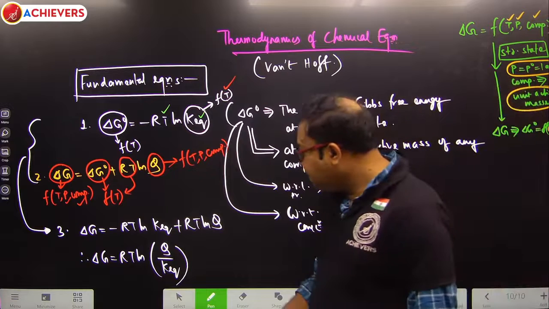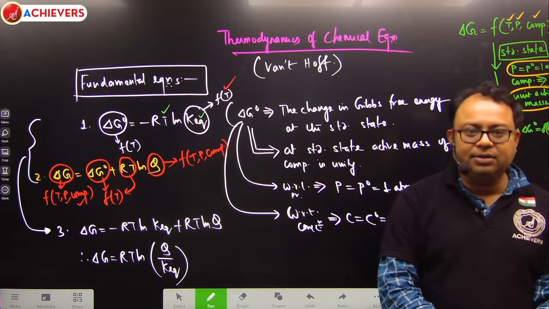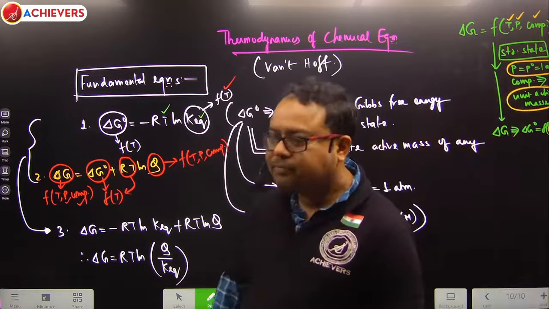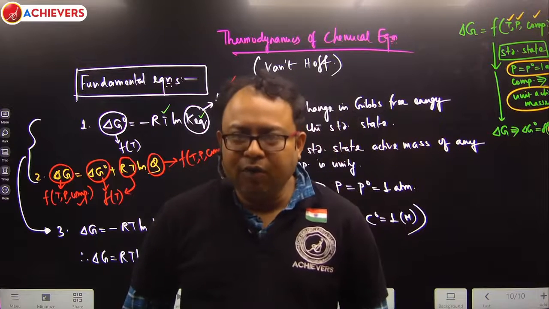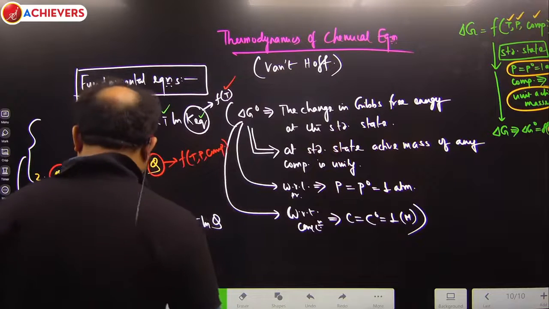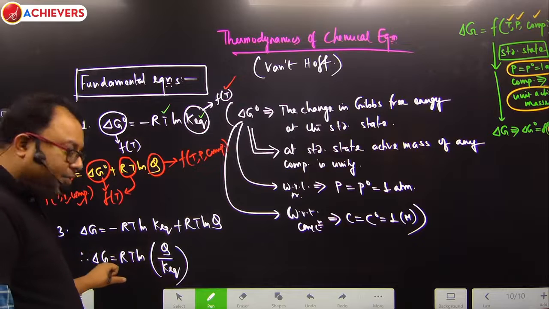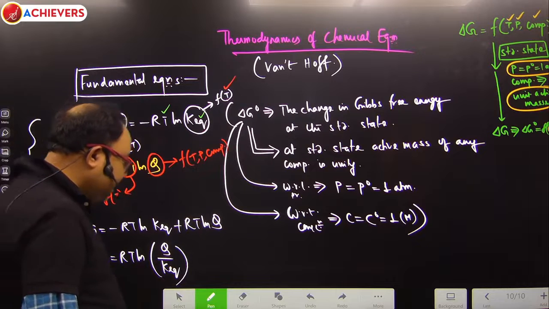So these are the important Van 't Hoff equations. I think all of you understood this. Now we'll make some important interpretations with respect to the final equation, delta G equal to RT ln Q by KQ.